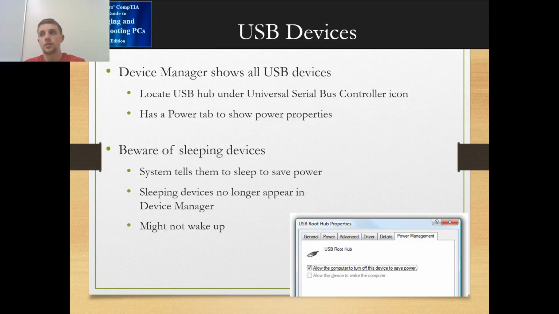But if it's sitting there, nothing's reading from it, nothing's writing to it, it'll go into sleep mode until you try to access it again. So it'll have a drive letter in My PC, but it's in sleep mode until you access it. And this checkbox is all you can configure.